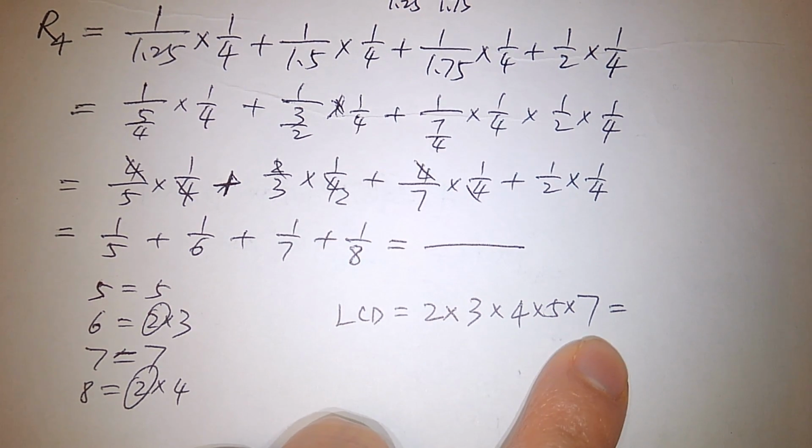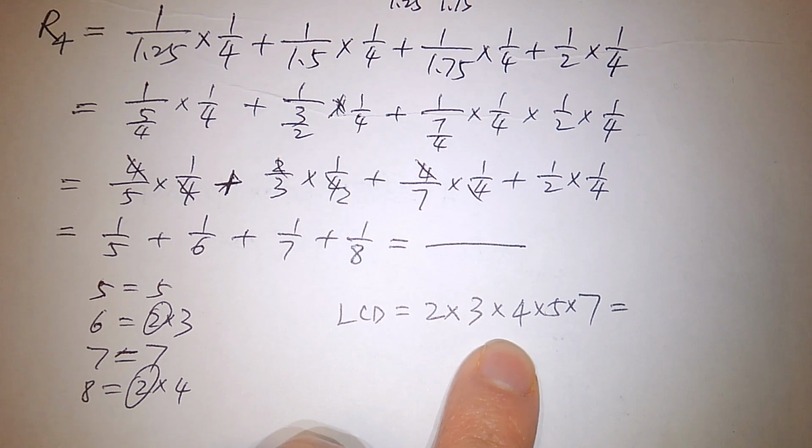What is it? 840, right? So 6 times 20 times 7 is 840. Yes, you're right.